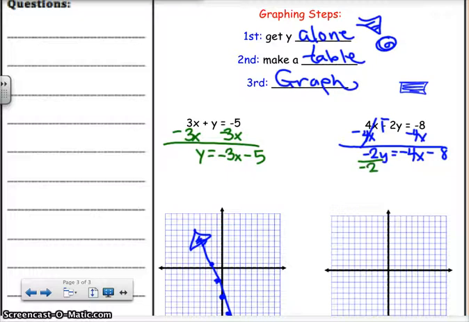Divide through by what's in front of y, everything that you can. And I get y equals a positive 2x, negative over negative is positive, minus a -4. Well, when you minus a -4, you're just really getting a +4.